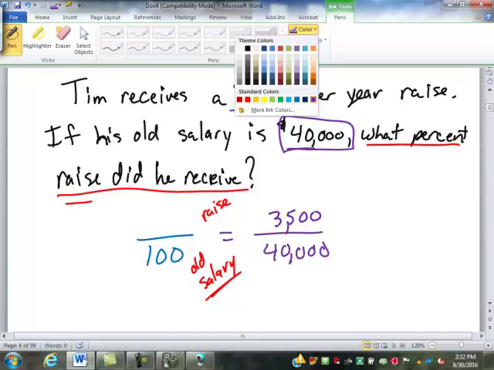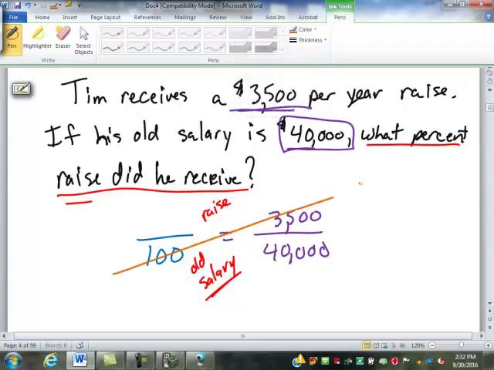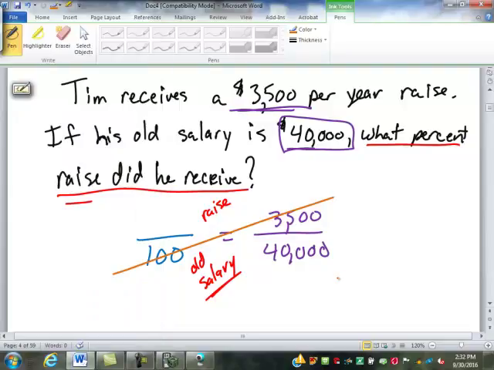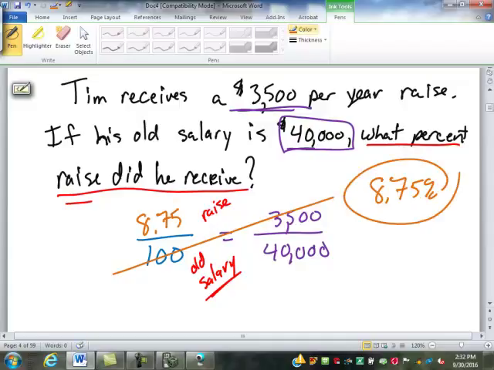So to find that percent, we cross multiply. 100 times 3,500 divided by 40,000 gives us, what, 8.75? So 8.75 out of 100, or 8.75%. I'd be happy with that raise for the year.